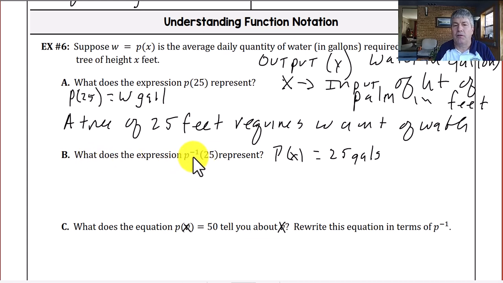What does the expression P inverse of 25 represent? Now this 25, this is the output, because we've got the inverse. So this 25 is the amount of water.